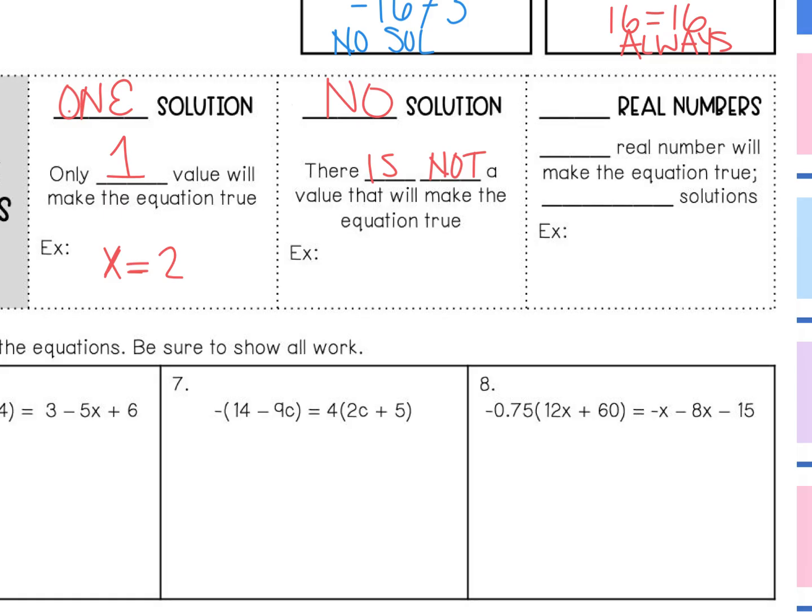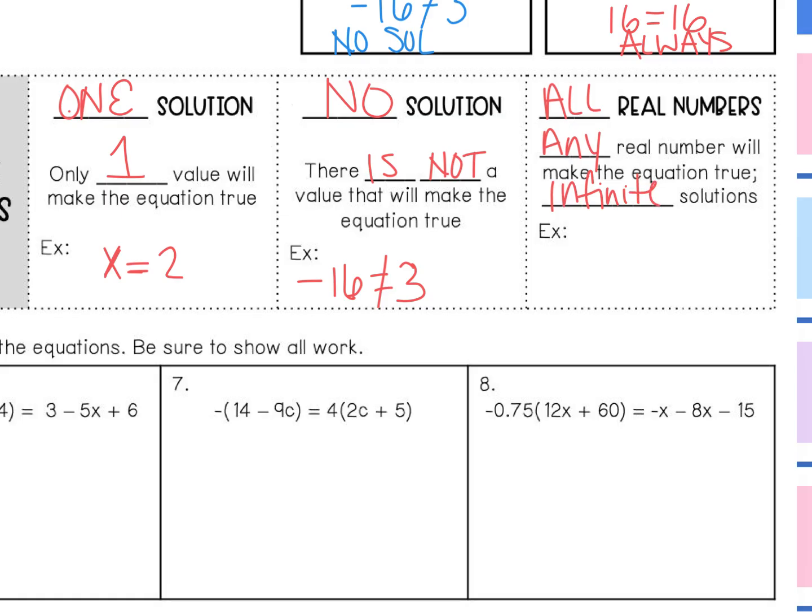So like we had up there a minute ago, right? Negative 16 equals 3. Well, that's never, ever, ever a possibility. Never. Then we can have all real numbers, where any number will make the equation true. This has infinite solutions.